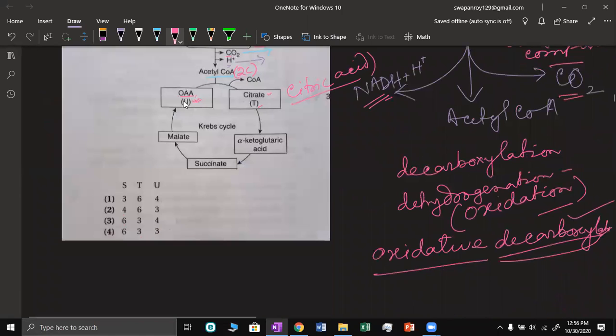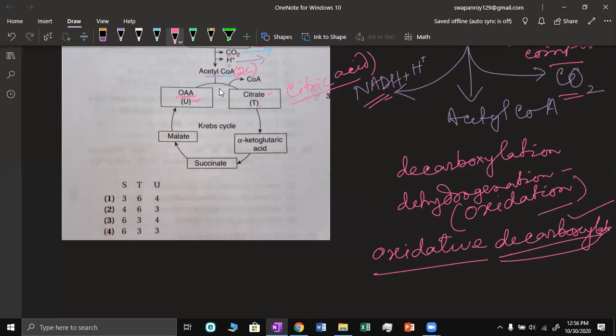The oxaloacetic acid is a 4-carbon compound. So 4 plus 2, there is a synthesis. In this reaction, acetyl coenzyme A is accepted by oxaloacetic acid.